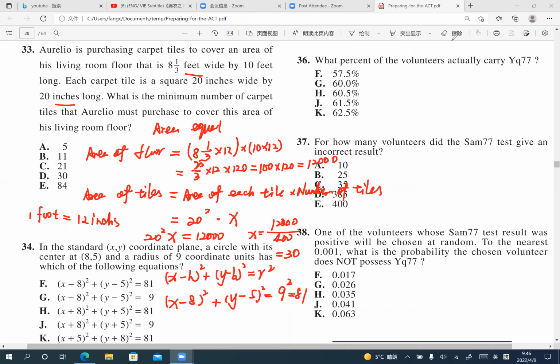So the area of his living room floor equals 8 1/3 feet times 10 feet long. But we should notice that there are two different units, one in feet, one in inches. So we convert feet into inches.